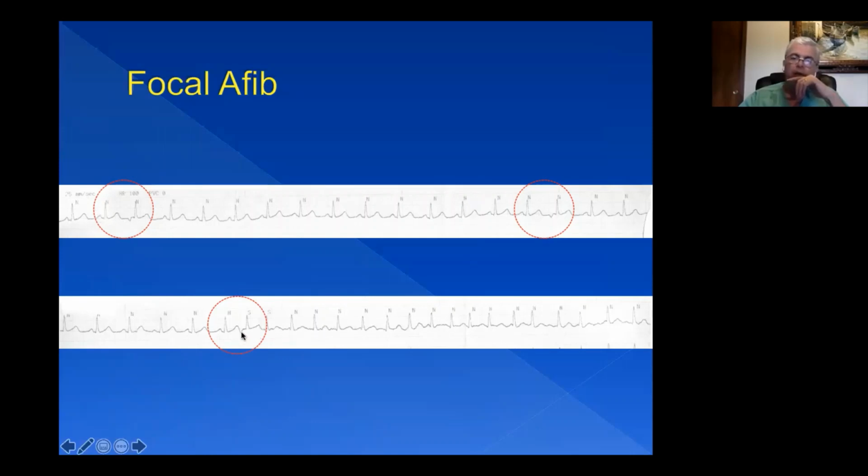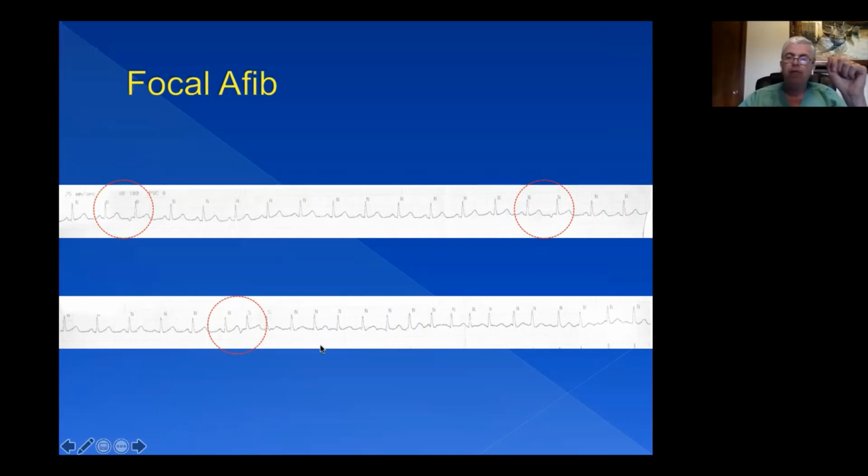Earlier. And look at how early this is, towards the end of the T wave. It happened at the critical time for the atria, and it triggered it to degenerate into atrial fibrillation. This is another great example of focally triggered atrial fibrillation. And it's important because theoretically, if you go after this spot and ablate that spot, you cure the atrial fibrillation.